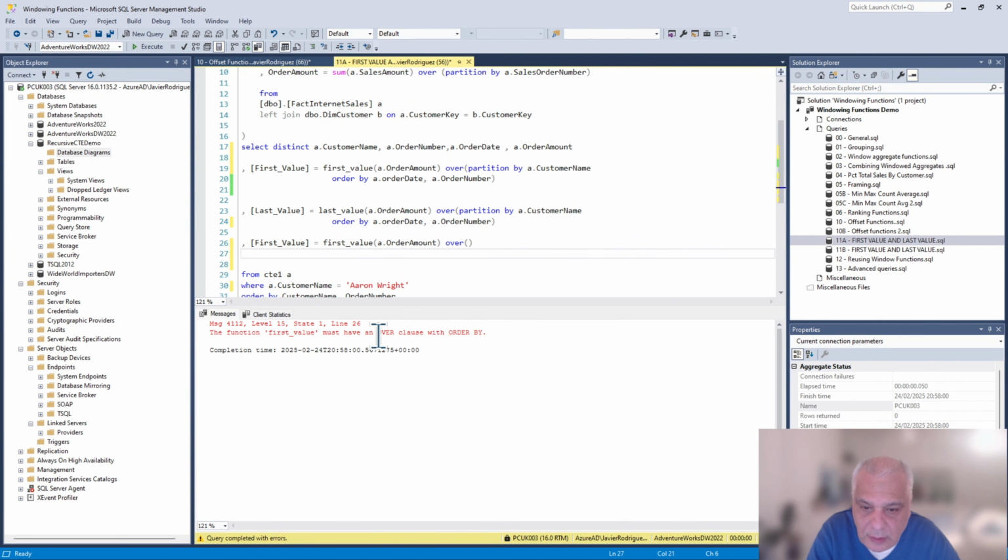The first value must have an over clause.